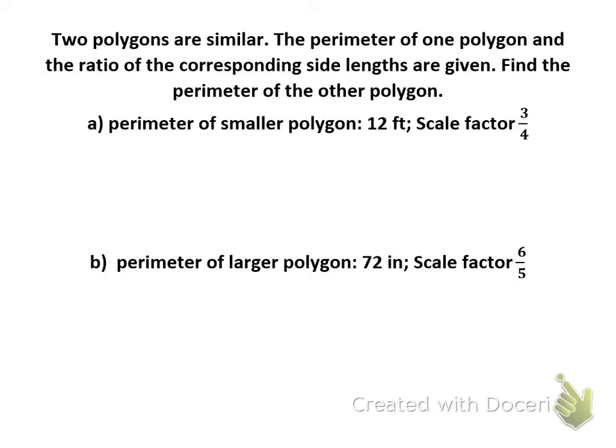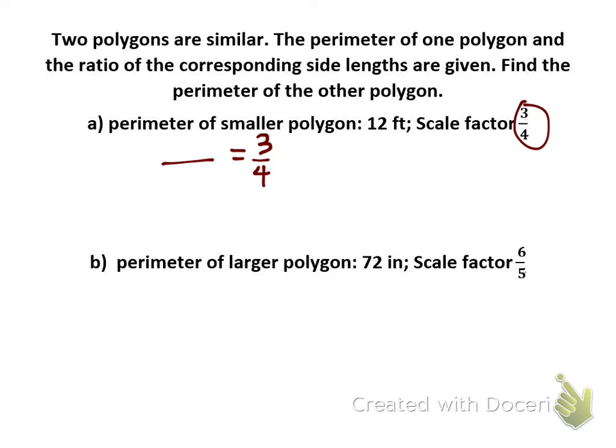So this one you can set up a proportion. It's kind of the same thing that we just did. What we're going to do is set up a proportion where we set the scale factor equal to the side lengths.